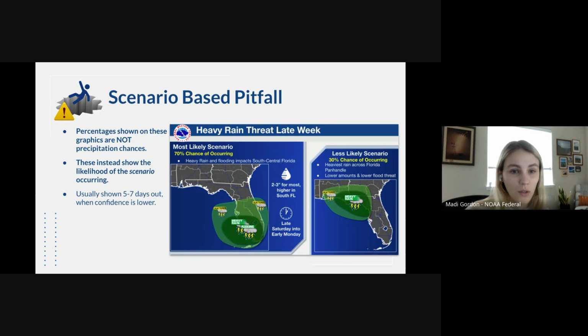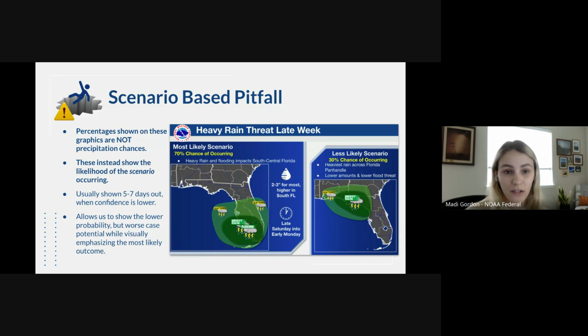So you're usually showing this 5 to 7 days out when our confidence is lower, and it is advantageous because it allows us to show that lower probability, but worst case potential, while visually emphasizing that most likely outcome. And so this is a great way to message our overall outcomes in the extended, but it's harmful when we are presenting it in this way because it can be misleading.